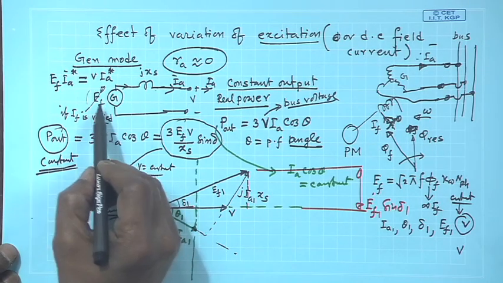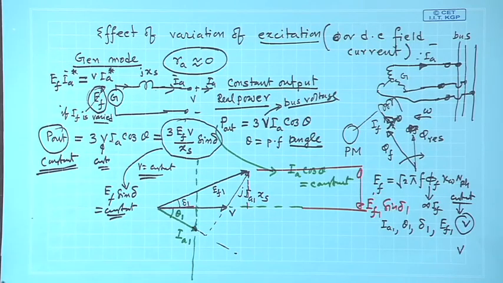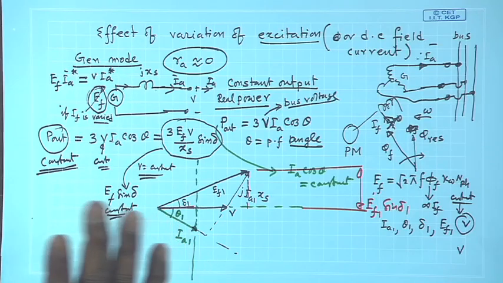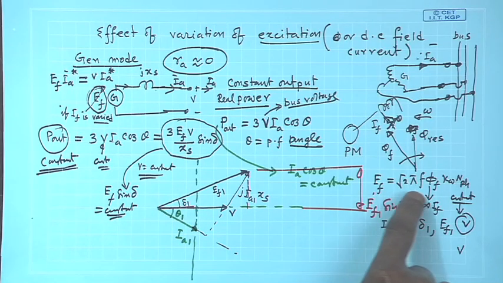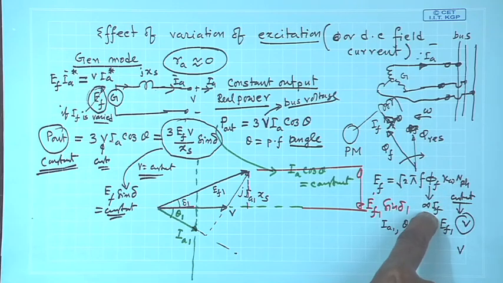If you change excitation, E f has to change. If you increase the field current, E f will become bigger, because E f depends on root 2 pi f, phi f, k w and phase. phi f is directly proportional to I f. Therefore, excitation voltage E f must be increased.